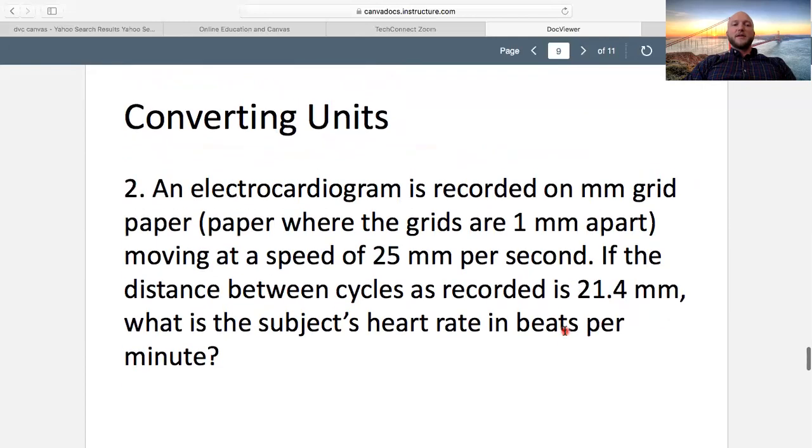Going down, an electrocardiogram is recording on a millimeter grid paper. So let's go back a moment. An electrocardiogram. So we've all seen these in movies. We're going to actually do these in class. We're going to learn all about them. But we're all familiar with an electrocardiogram from pop culture.